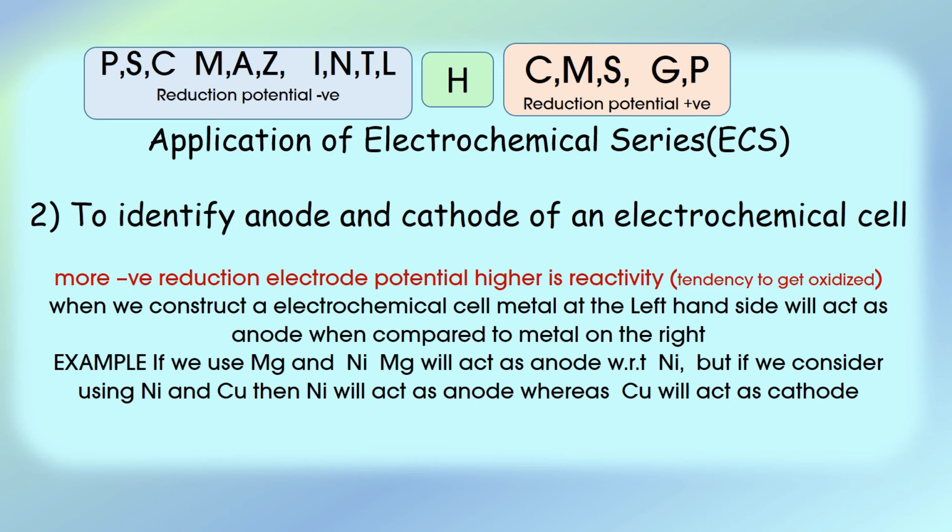But if we consider using nickel and copper, the nickel will act as anode, whereas the copper will act as cathode. So, it is very easy to identify the anode and cathode just by looking into the electrochemical series.